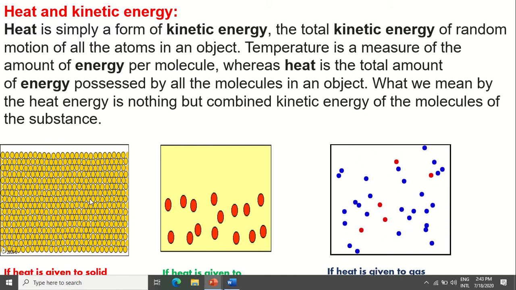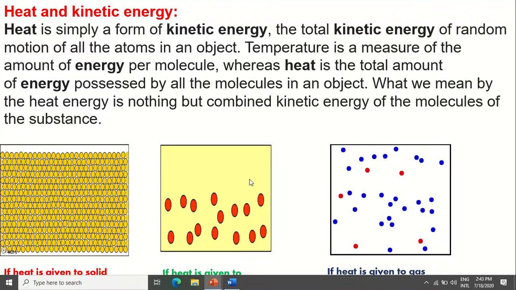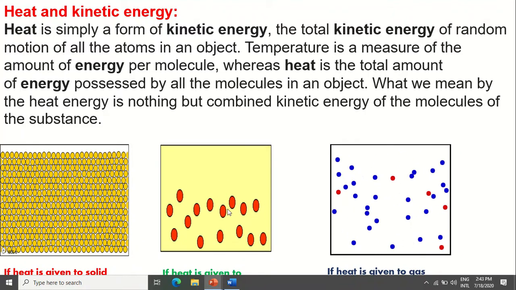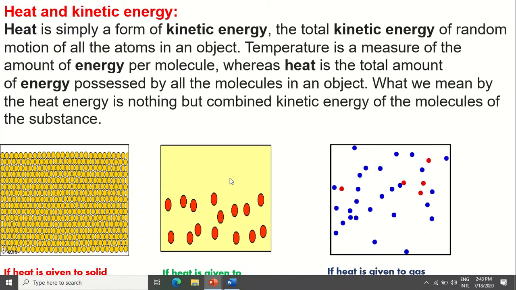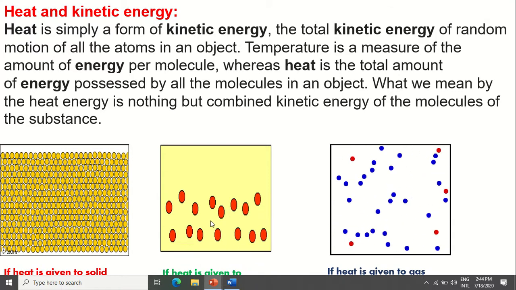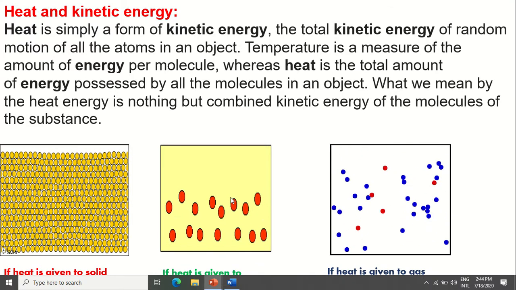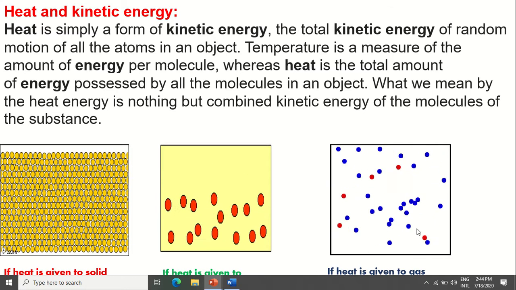But if we continue applying heat, then the solid will reach the liquid state and we can see the vibration will be faster than that of the solid state, and here the molecules will be trying to overcome the intermolecular force and they will take more space.